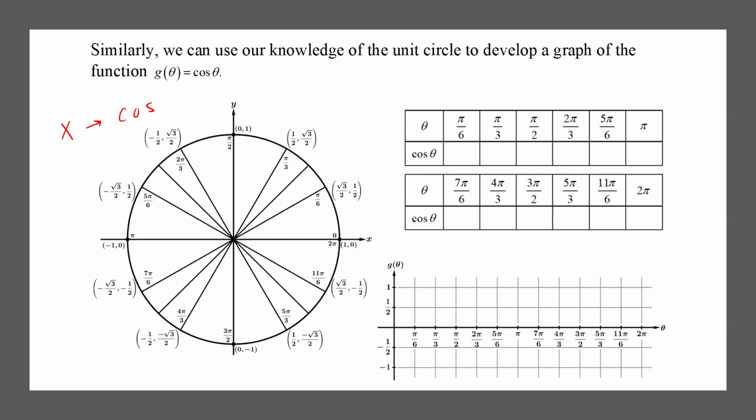Okay, so going through it really quick. Cosine of pi over 6, what do I get? Cosine at pi over 3, 1/2. Cosine at pi over 2. Cosine at 2 pi over 3. Cosine at 5 pi over 6.